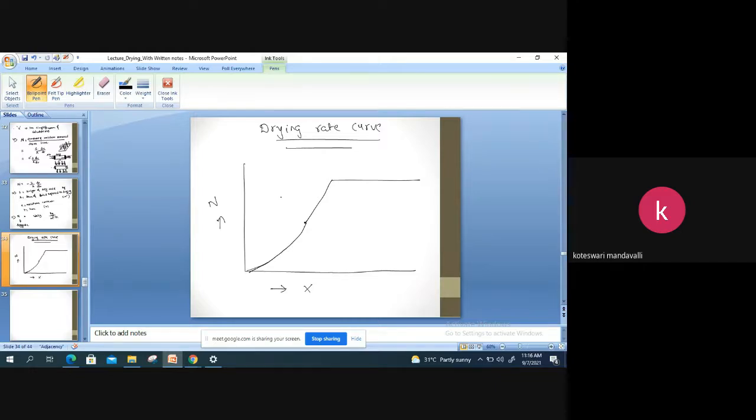So you have first the constant drying rate. Just because of some drawing issue, I'm redrawing.